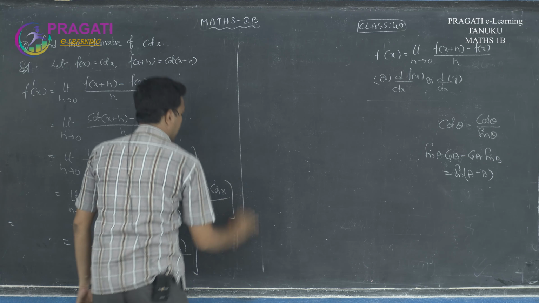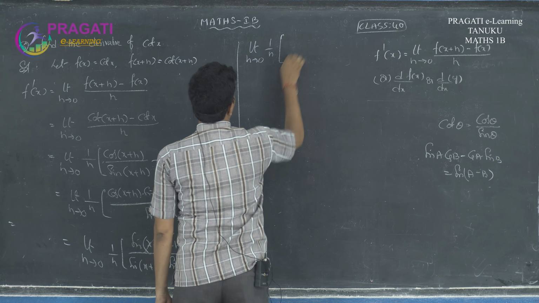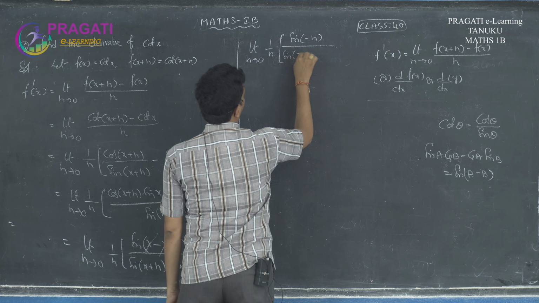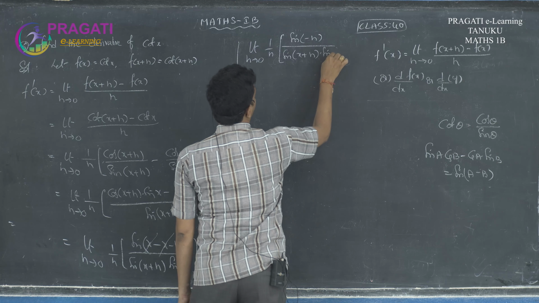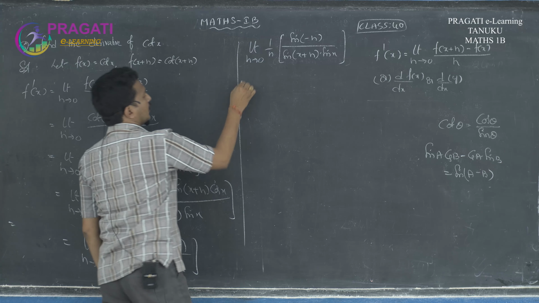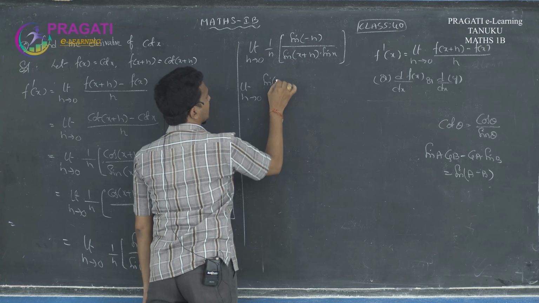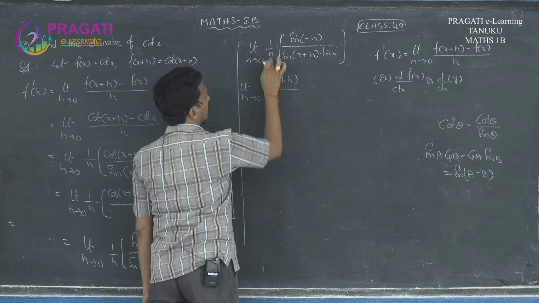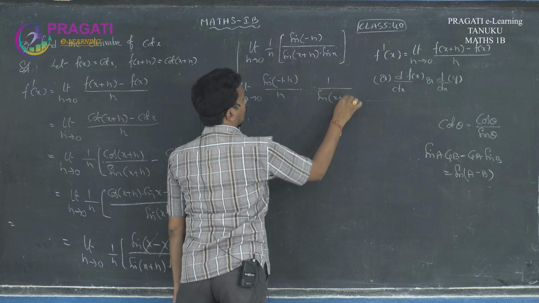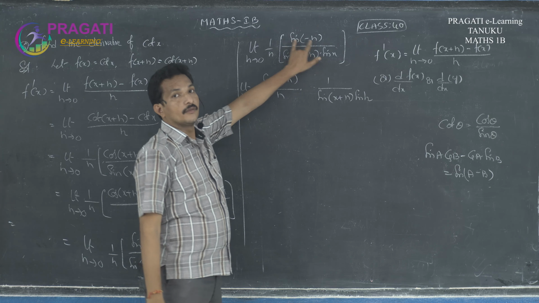So the remaining term is limit h tends to 0, 1 by h into sin of minus h by sin of x plus h into sin x. It can be written as limit h tends to 0, sin of minus h can be written as minus 1 into h by h, and the remaining term is 1 by sin of x plus h into sin x. Here to write front side.